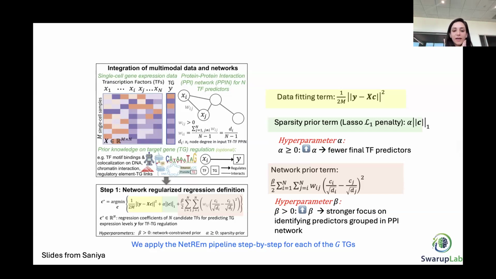So I guess the ultimate ideal GRN based on this framework is one where you have a few well-connected transcription factors that are able to predict the expression of this target gene in a consistent way.